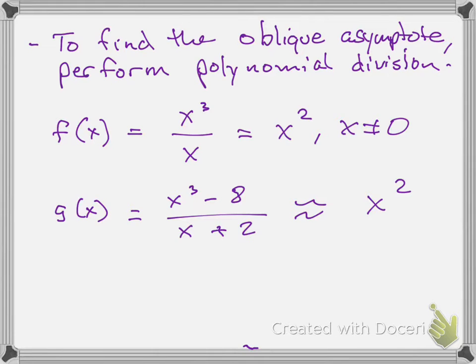Now, when x is small, x cubed minus 8 over x plus 2 is not going to look like x squared. It's going to have some wrinkles and it'll look different in the middle. It's got a hole at -2. Actually, it's got a vertical asymptote at -2. Wish we had time to look at the graph of this, but we don't.